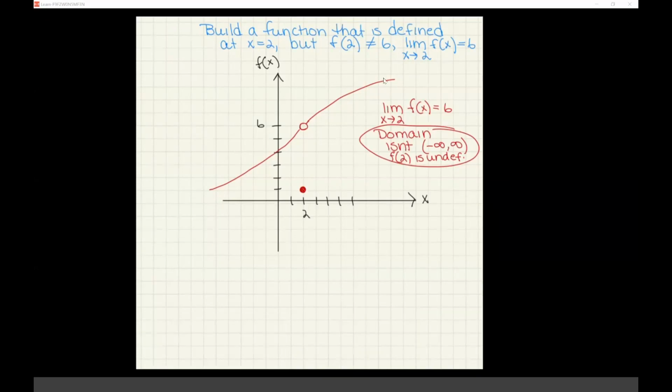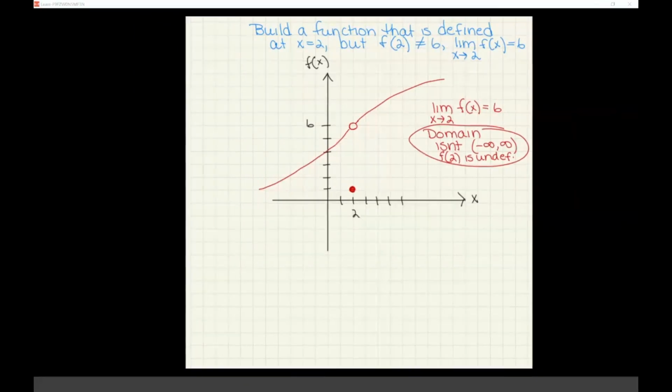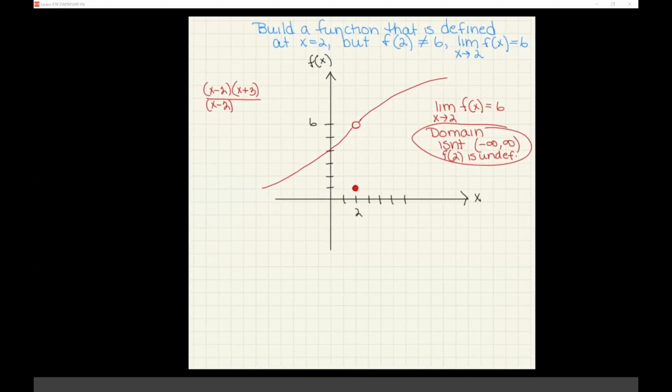It's got a rational function when x is not 2, and it's got a particular value when x is 2. So maybe Raven, you were looking for a rule that would look like this. This could be part of a rational function that has a hole at x equals 2. So here could be a definition.